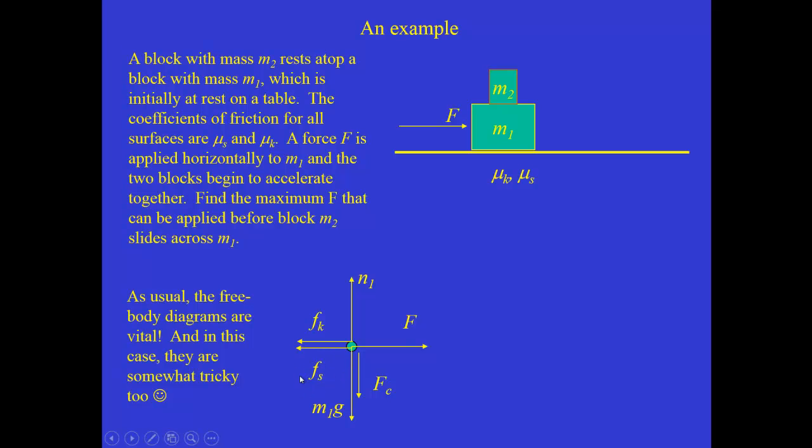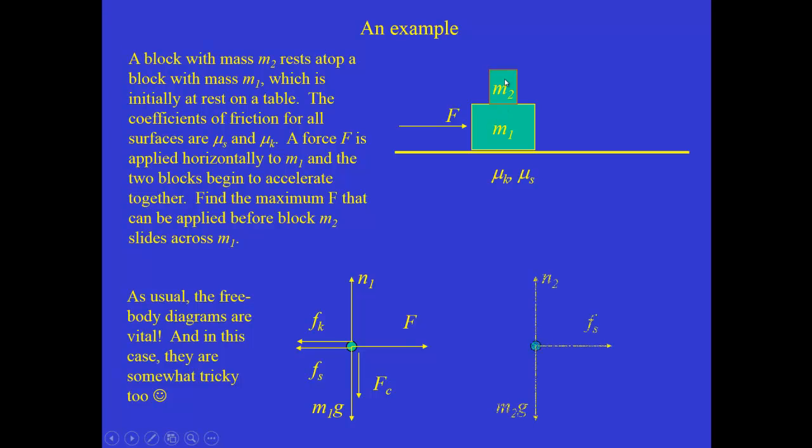Why is there a force there? Well, it turns out that M2, as we draw its free body diagram, we will see that it experiences a force that allows it to accelerate along with M1, and that is the force of friction between those two surfaces. And as long as M2 and M1 move together, that is a static friction force.